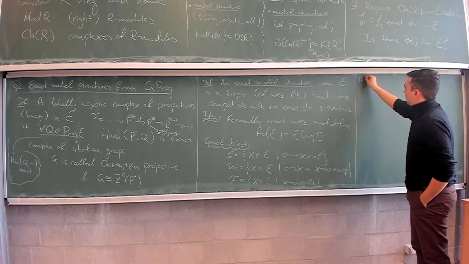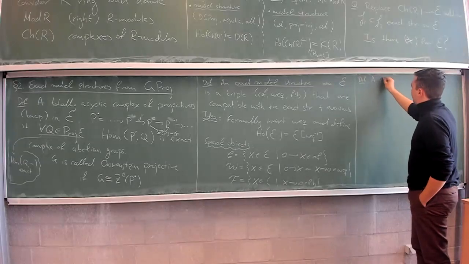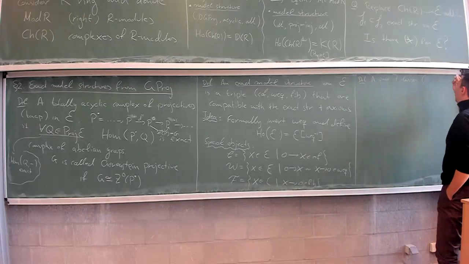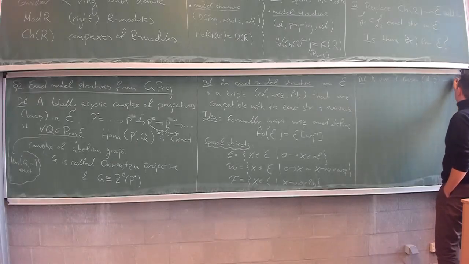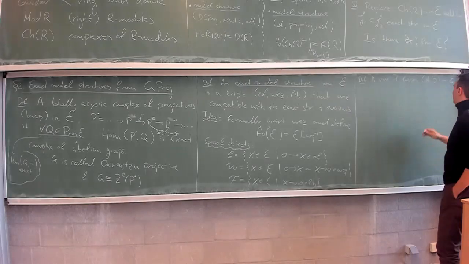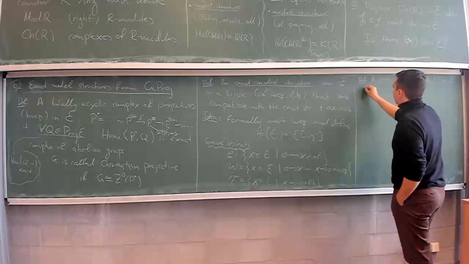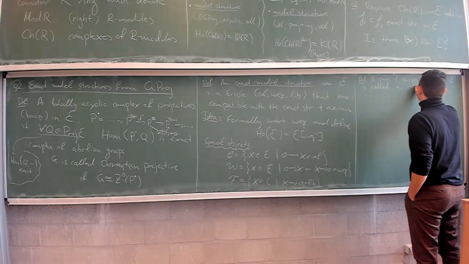But for this, I have to introduce you to the notion of a torsion pair. So a pair of classes, let's call them A and B in E, is called a torsion pair.